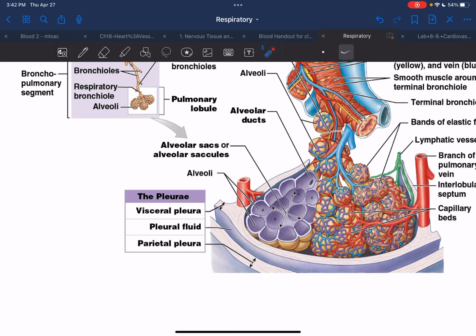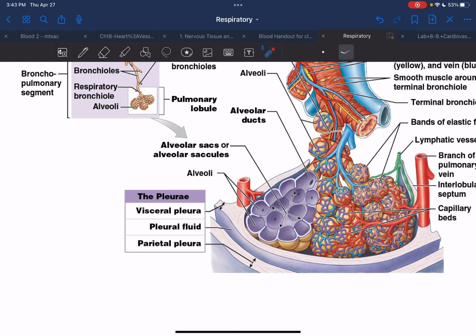And so alveoli is referencing every single one of these globes here. Alveolar sacs refers to a few of those. So an alveolus is an individual globe, and then the alveolar sac refers to a bundle of them.